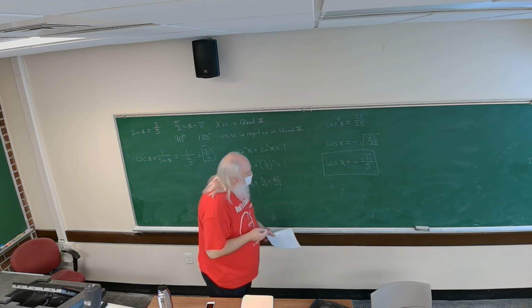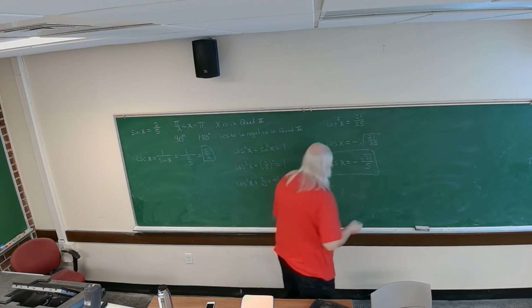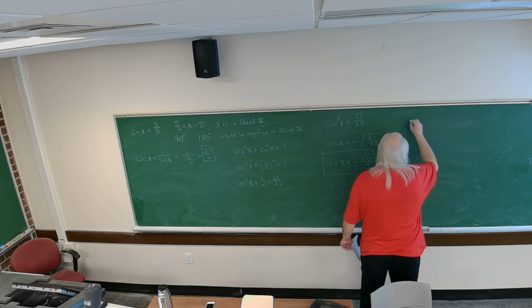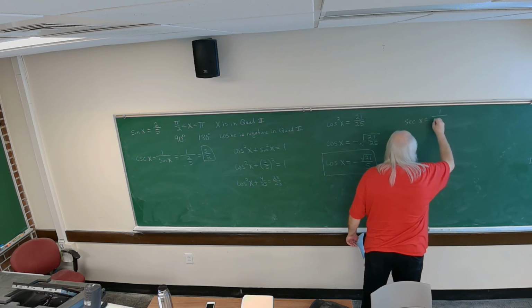Well, now that we know what cosine of x is equal to, we can calculate secant of x, right? Secant of x is the reciprocal of cosine x.